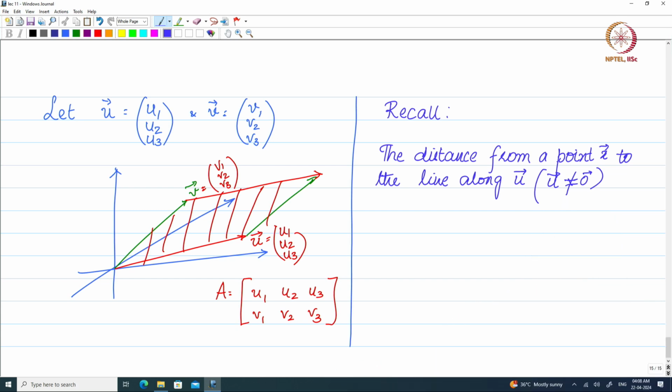Basically we figured out that this was given by the projection of the length of this.